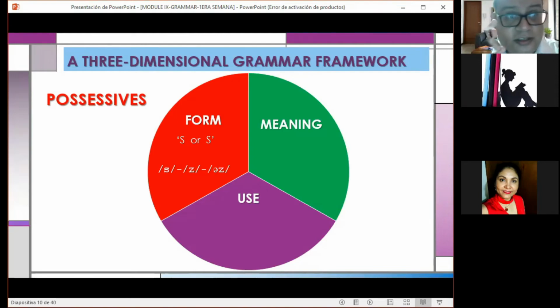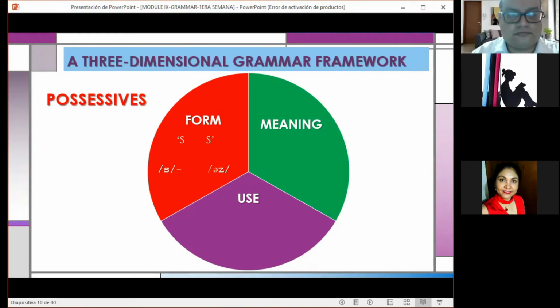Three ways. Using the sound S, using the sound Z, or using the sounds is, or is. No, we use the short E or the schwa. No, here you have the schwa. Is. So we have three different phonological contexts.